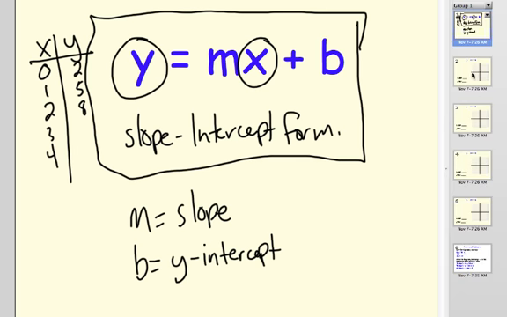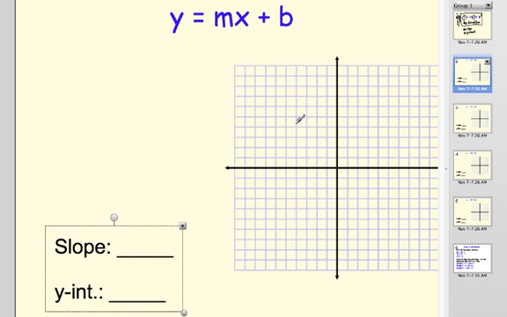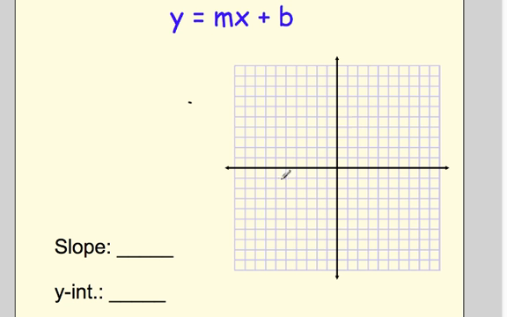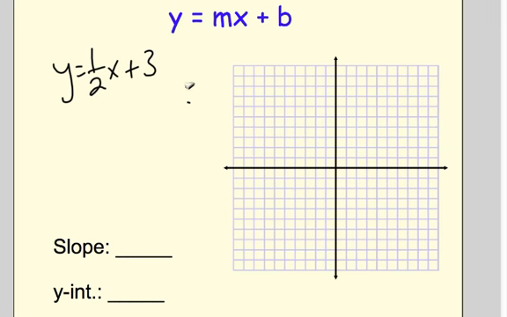All right, so let's take some examples here. And we have ourselves a nice graph here. If I write out the equation y equals 1/2 x plus 3, for this particular homework assignment, yes, you do need to write this out.